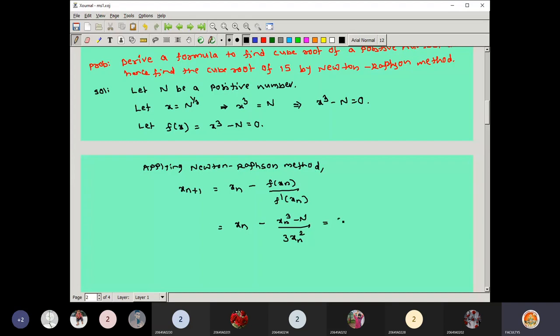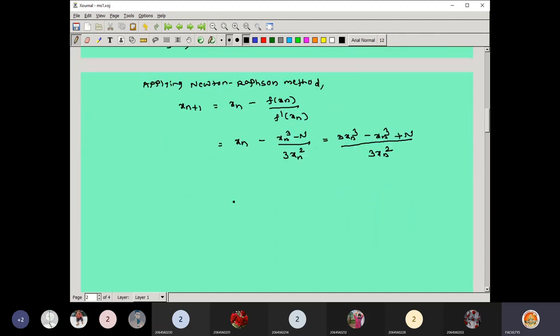Writing xn as 3xn cube over 3xn square, minus xn cube plus capital N, and on cancellation you are getting 2xn cube plus N divided by 3xn square. So this is the final formula by applying the Newton-Raphson method in order to calculate the cube root of a positive number.